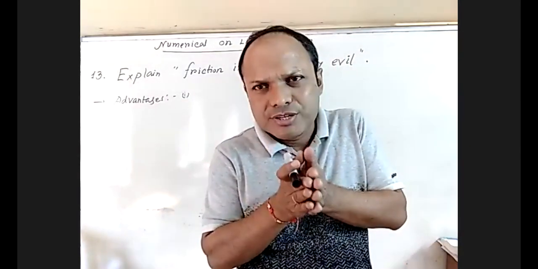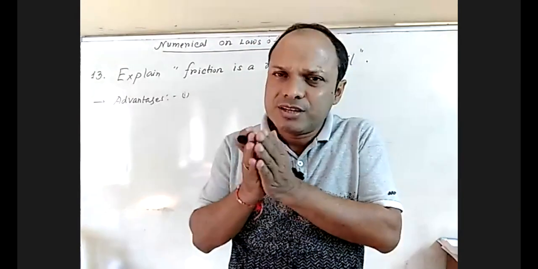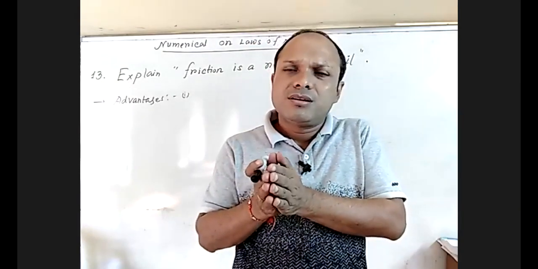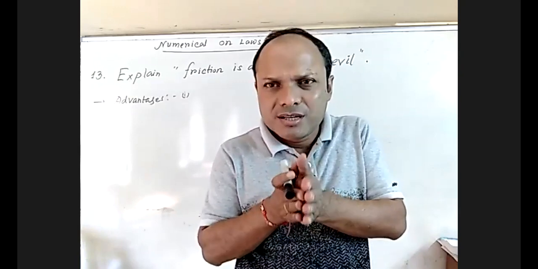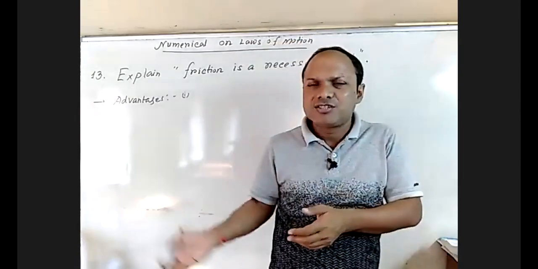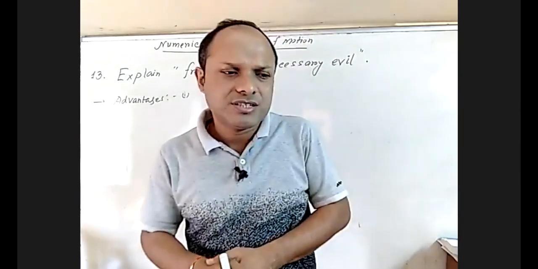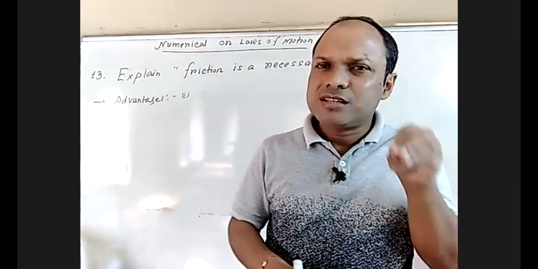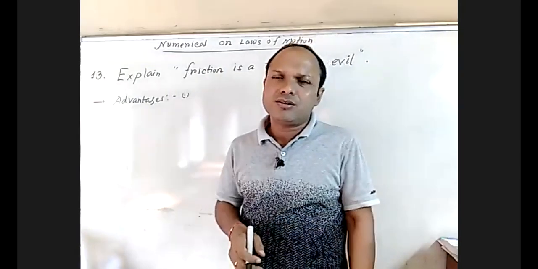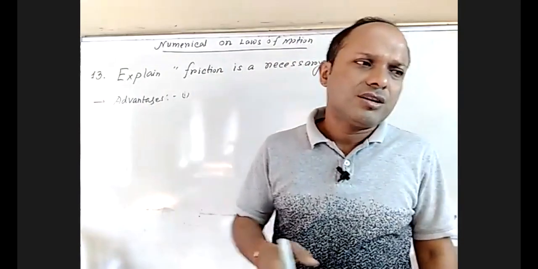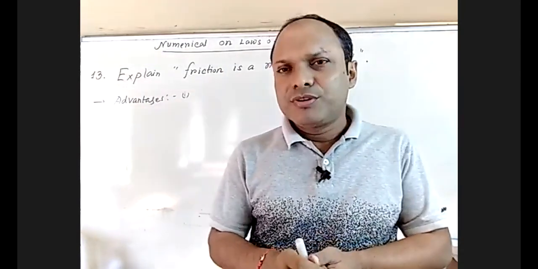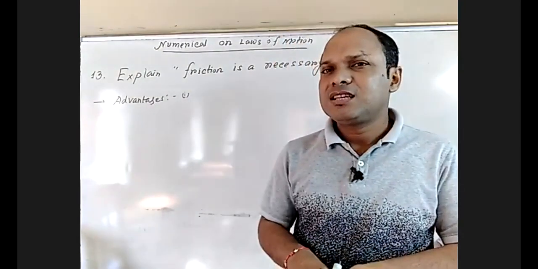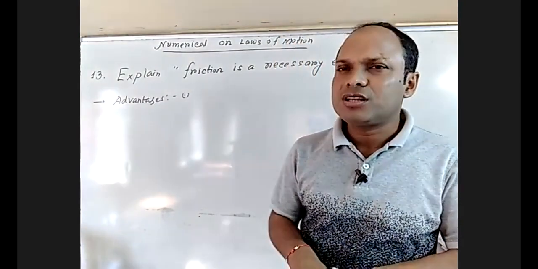So without friction, it is very tough to move. With friction, there is a huge loss of energy and depreciation of different substances. So friction is necessary, but it also wastes energy or power. That is why friction is called a necessary evil.